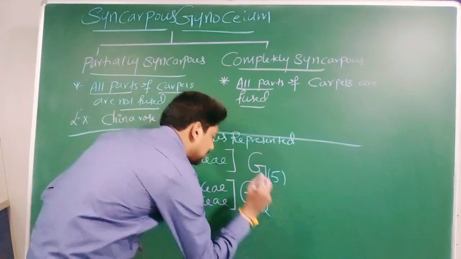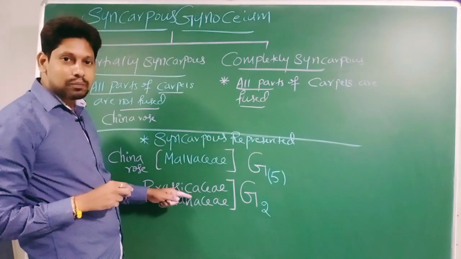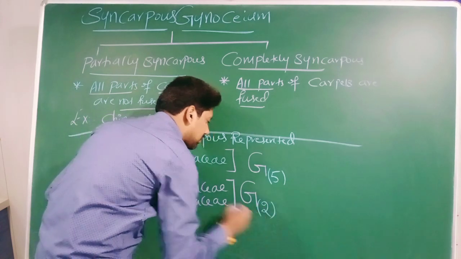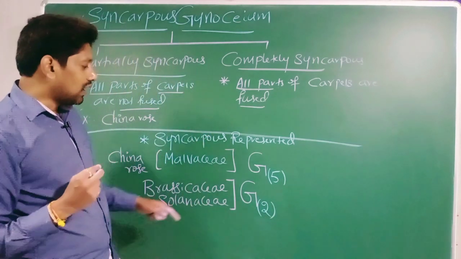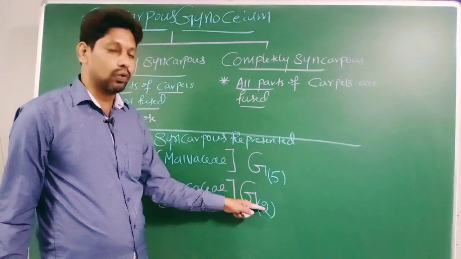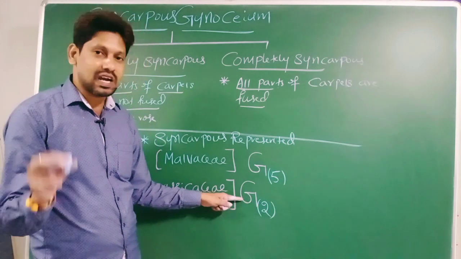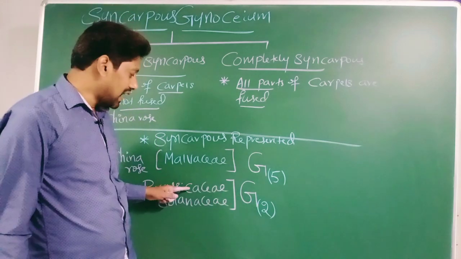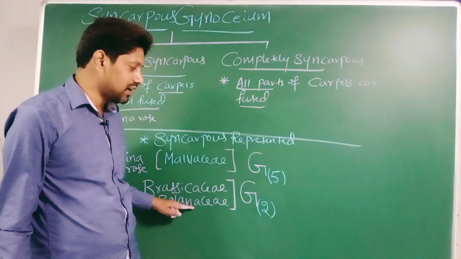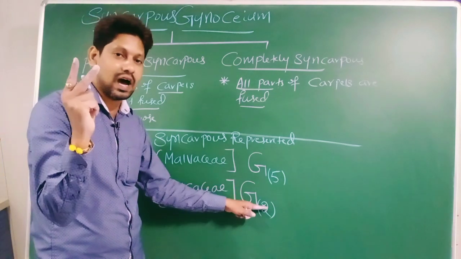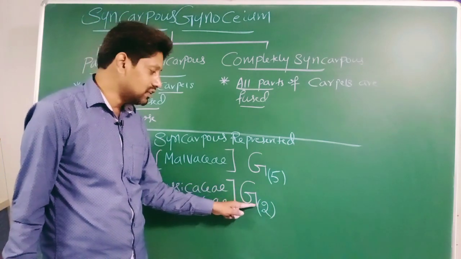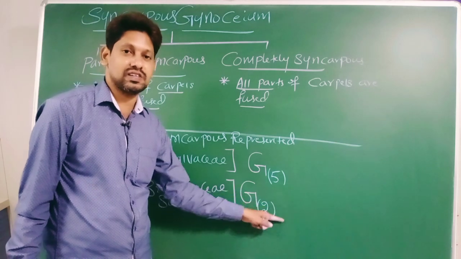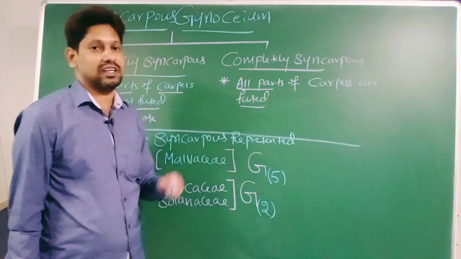Therefore, G2. But this is Syncarpus Gynecium, so these 2 go inside the bracket. G stands for Gynecium. In Brassicaceae and Solanaceae, this Gynecium is with 2 carpels. These 2 carpels are fused, so inside the bracket.